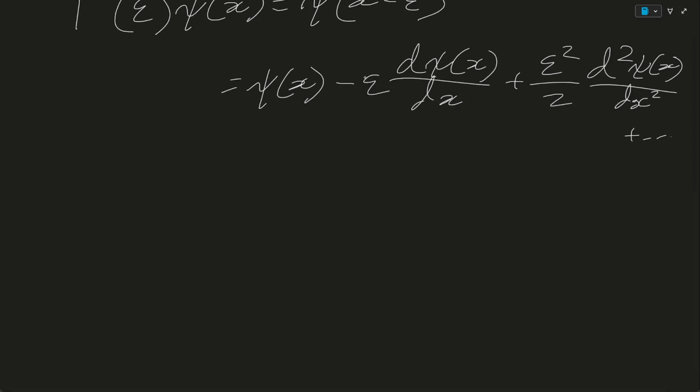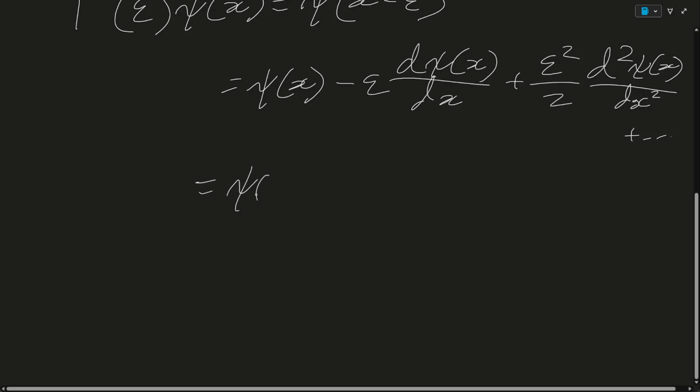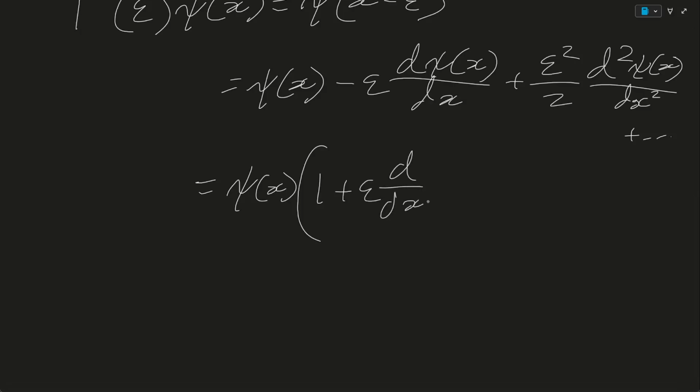And then we can of course pull out a psi of x, times 1 minus epsilon d/dx plus epsilon squared over 2 factorial, d squared dx squared.